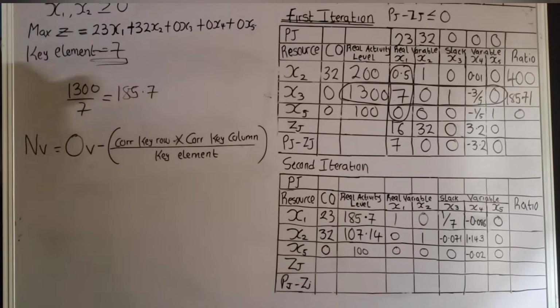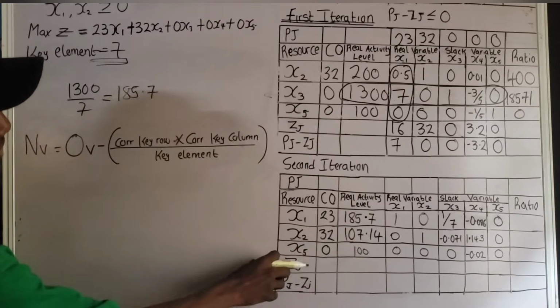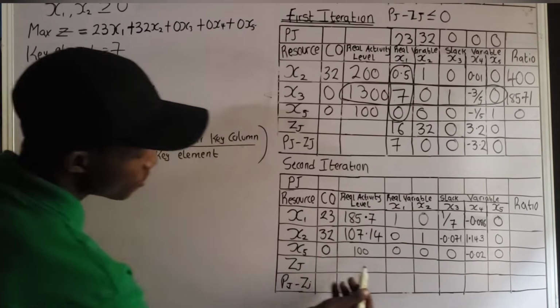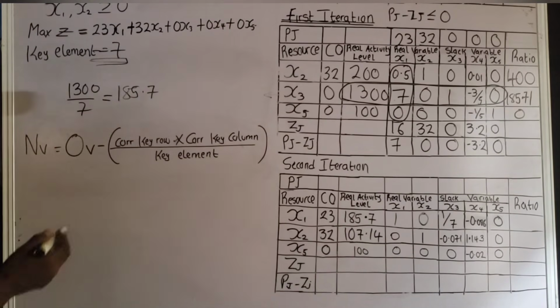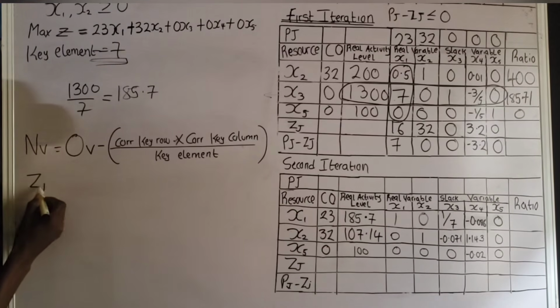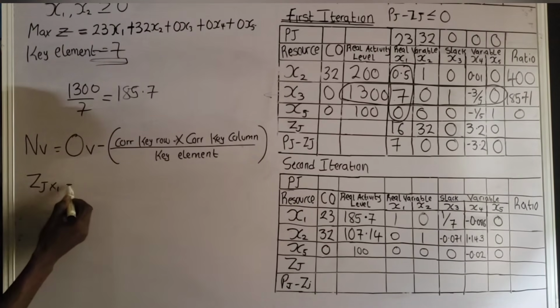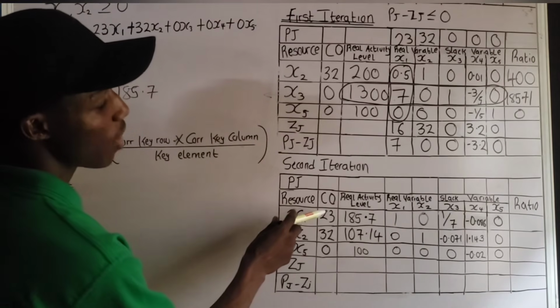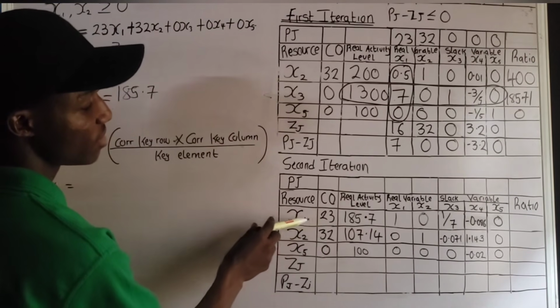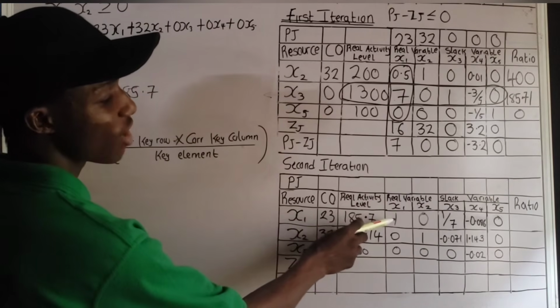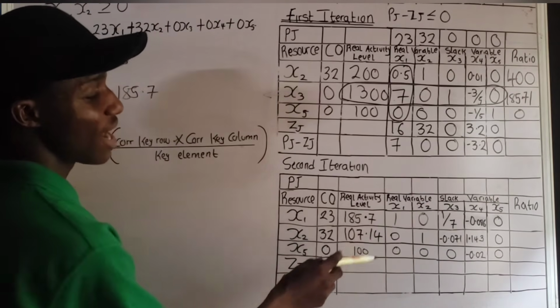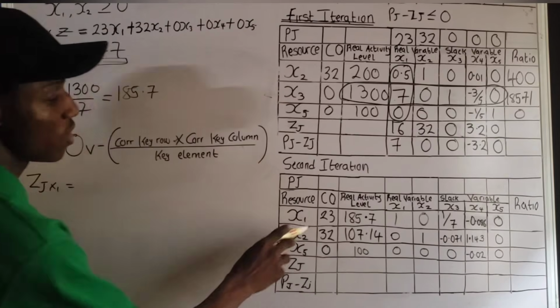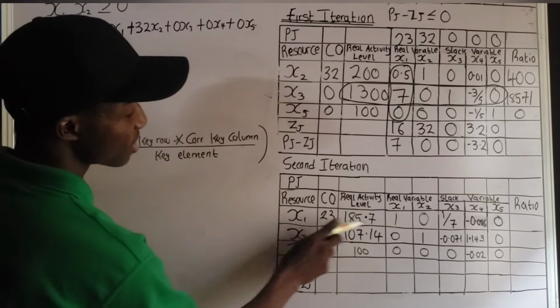Okay, let us proceed to calculate the value of our Zj. Okay, let's start with x1. Using the same approach, Zj of x1 is equal to, don't forget that we are going to multiply the coefficient of the objective function with the corresponding variable of x1 and then add the rest together. So for this, I'm going to have 23 multiplied by 1.